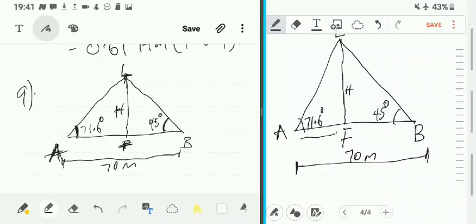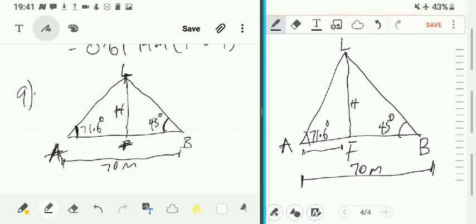First of all, I can get this side using the tan ratio. Then I can do some equations like that. But let's just use the sine rule rather. That one will be more straightforward for us.